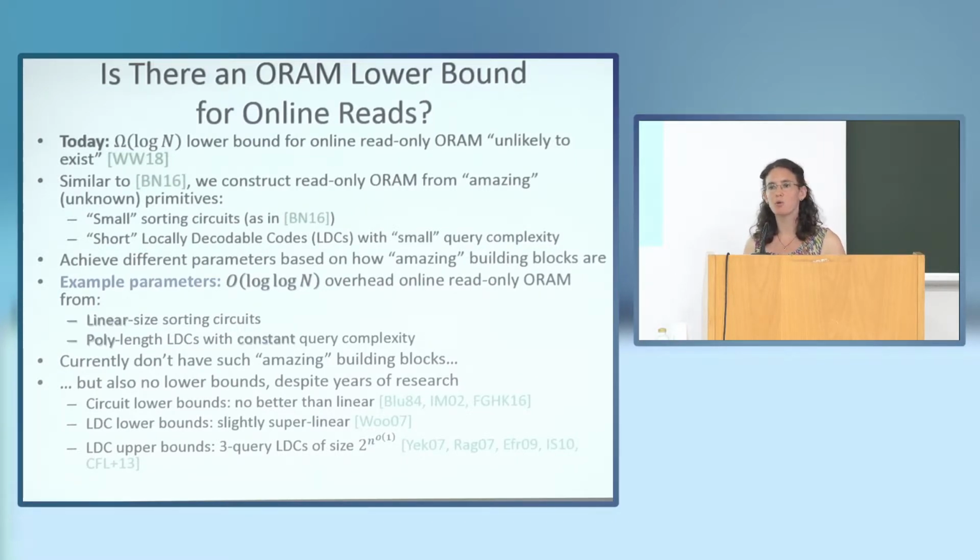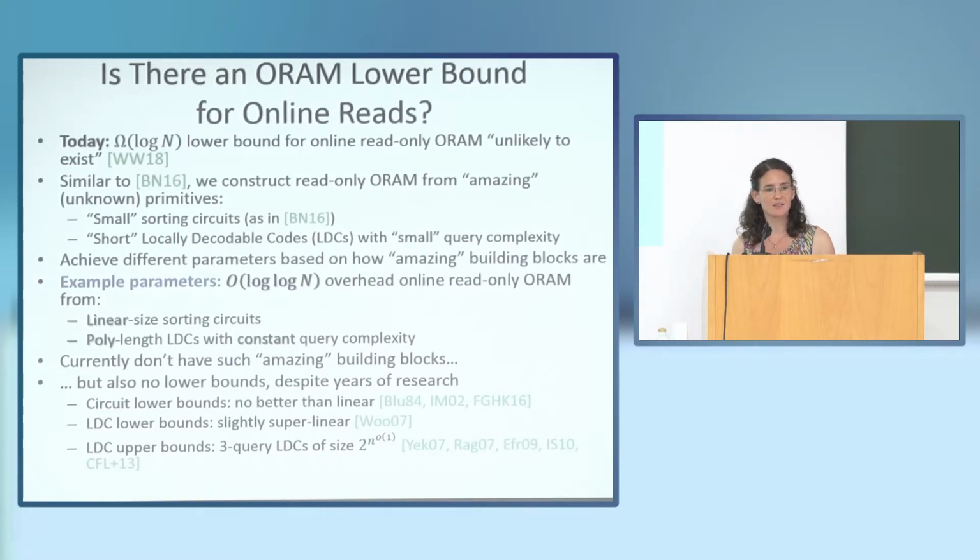We can make do with polynomial size code words, any polynomial as large as you want. We can make do with any constant number of queries, again, as large as you want, and still get this amazing log n overhead. What we know in terms of lower bounds is only something which is slightly superlinear, and this is for binary codes. So what happens when you go to quadratic or square n or whatever, we have no idea.